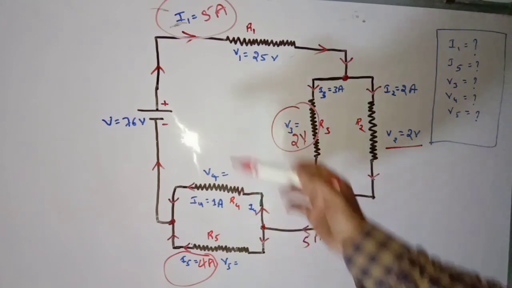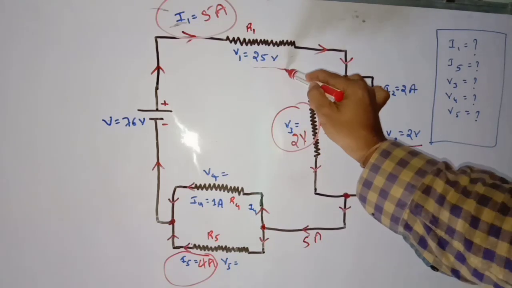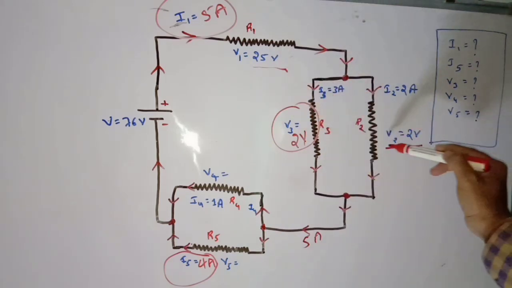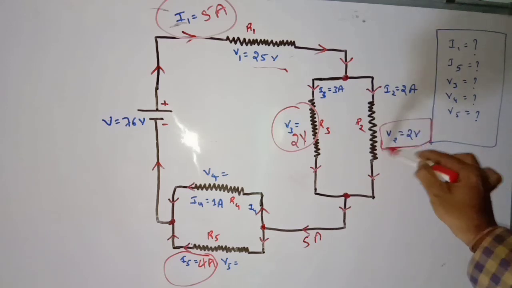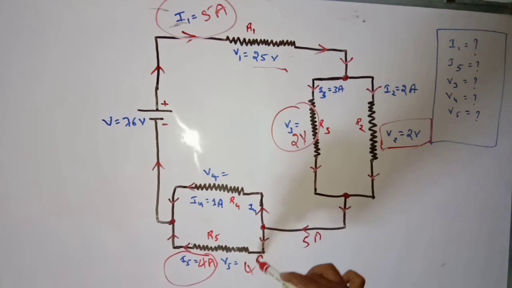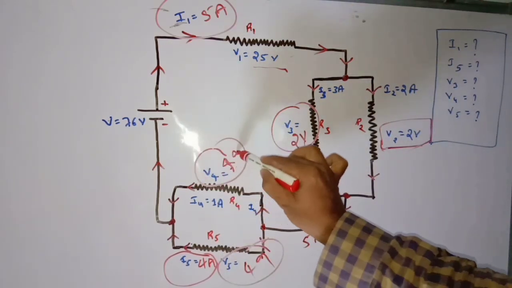Due to that reason, we can write 76 minus 25, 51, and 51 minus 2 volts of potential difference across the two ends of the resistor. So 51 minus 2 is 49 volts. V4 is equal to 49 volts.